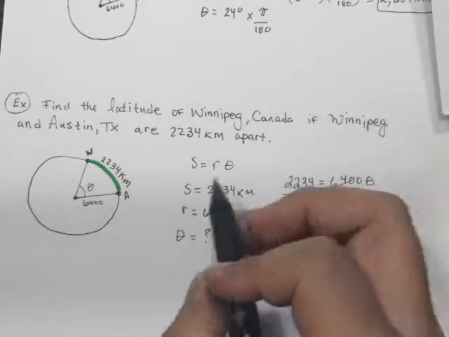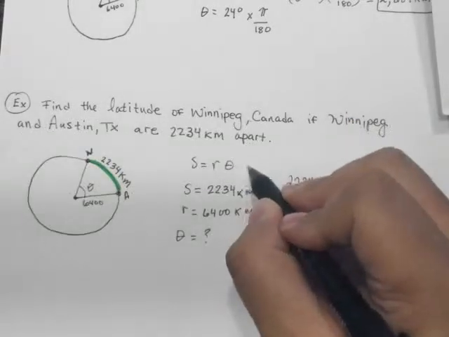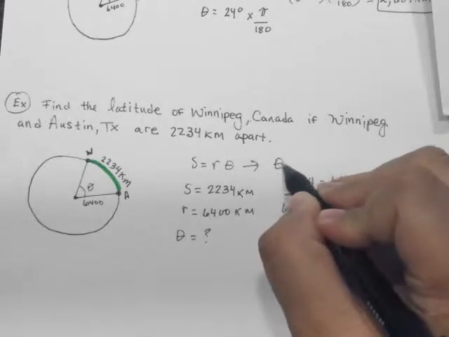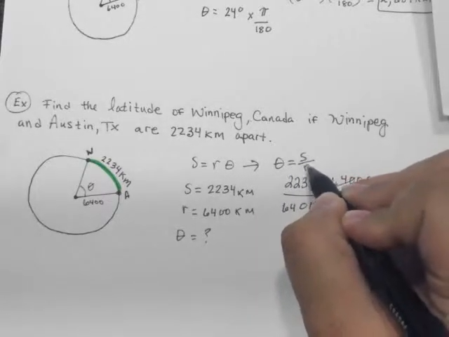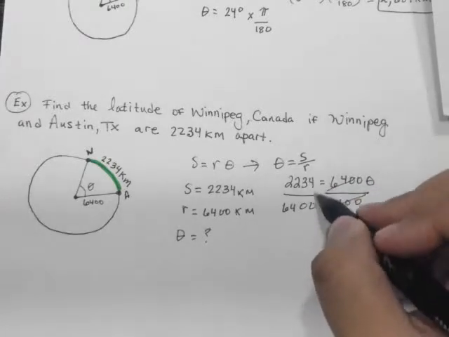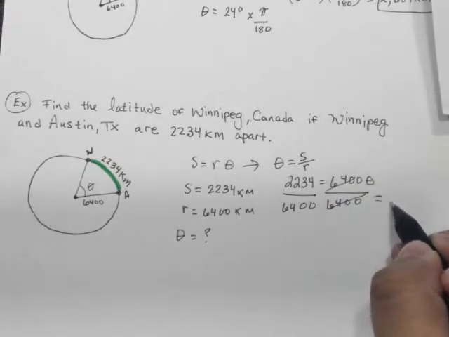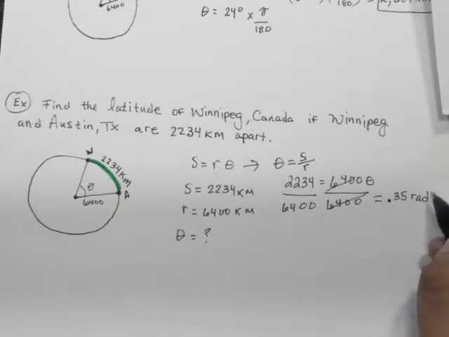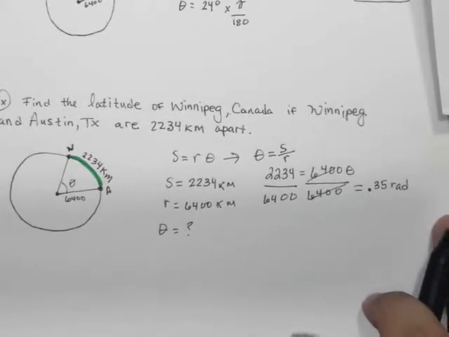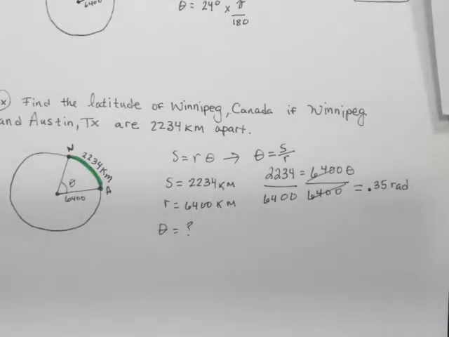So let's think about the manipulation of the formula. If S equals R theta, then theta equals S divided by R. And that's exactly what we did here. So in this case, we're dealing with about 0.35 radians. Well, that's great, but we need to know the angle between these two.